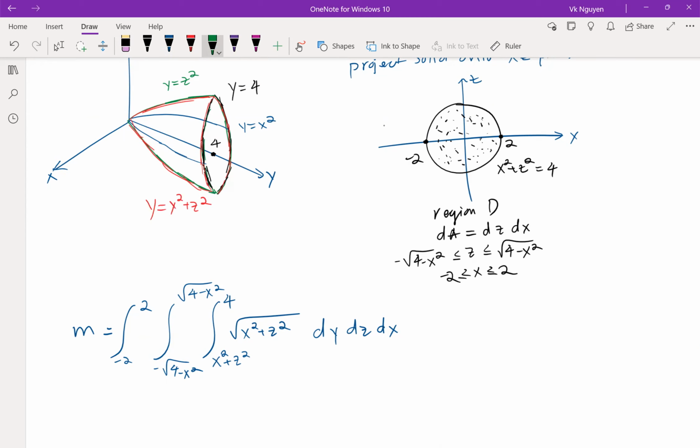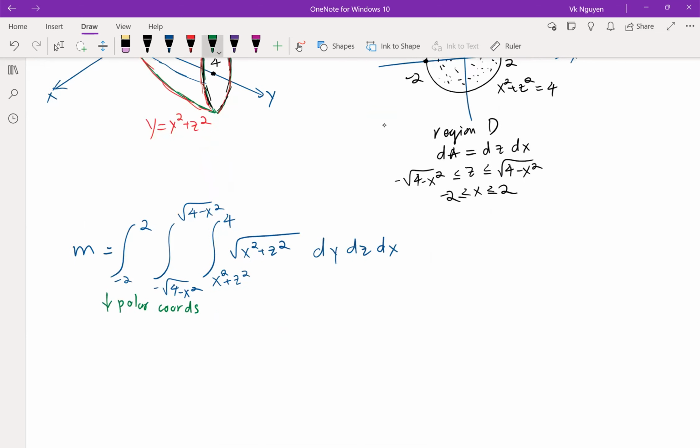That's a polar coordinate here. Using polar coordinate, the angle is from 0 to 2 pi. The radius is from 0 to 2.